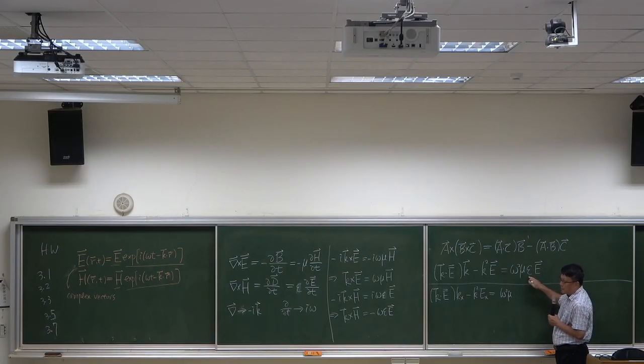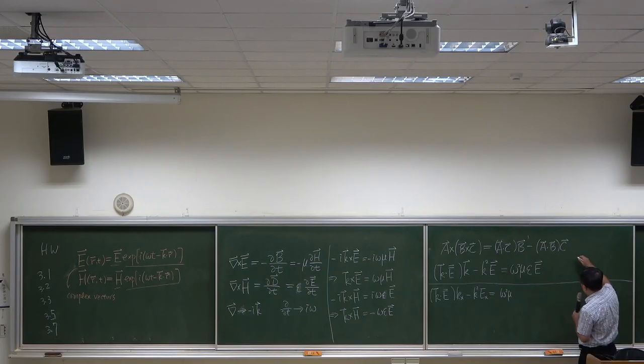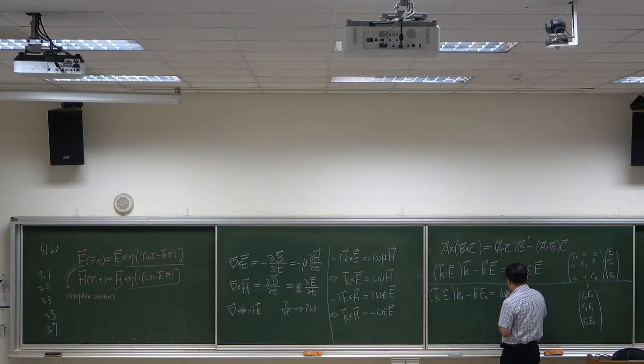Epsilon is diagonal form: epsilon x, epsilon y, epsilon z, when it multiplies Ex, Ey, and Ez, gives us epsilon x Ex, epsilon y Ey, epsilon z Ez. Okay, so the x component now is equal to epsilon x times Ex.